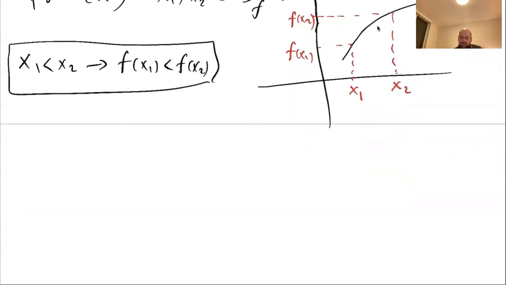So let me give you the definition of a decreasing function as well, then we will see some examples.